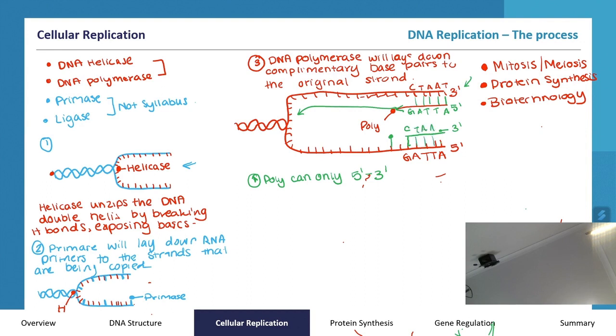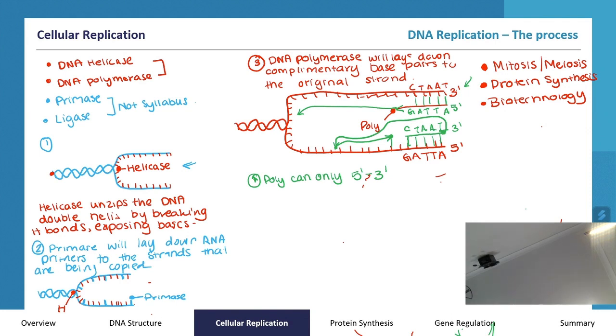A, A, T. And then once it gets to the end of the strand, it has to jump back to a position it hasn't been to and continue replicating until it gets to the base pair before the base pair that it started on the previous time.